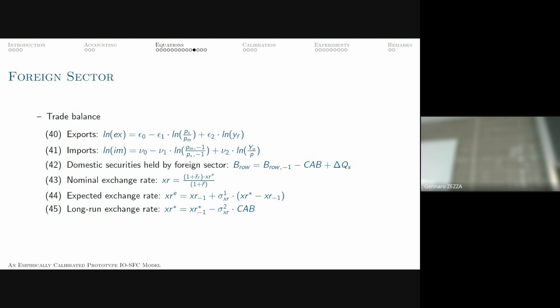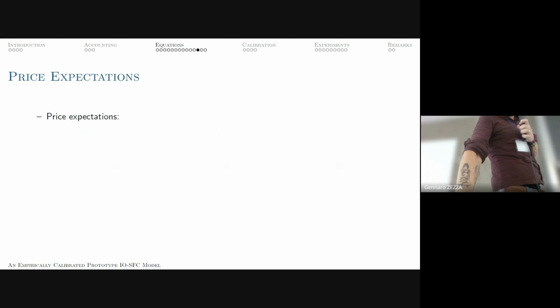And the expected exchange rate, in turn, depends on the long run exchange rate, and the long run exchange rate is the one that balances the current account balance. Okay, that's it. This way you can account for both capital flows and trade effects on the exchange rate, even though in the case of Italy it's not so important.